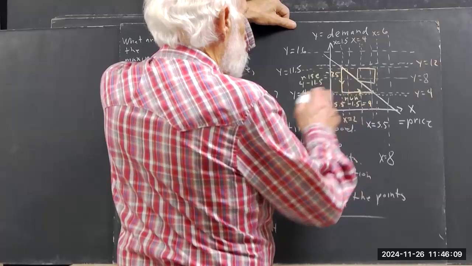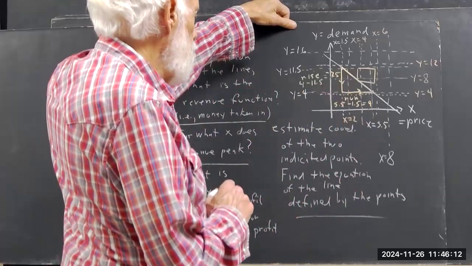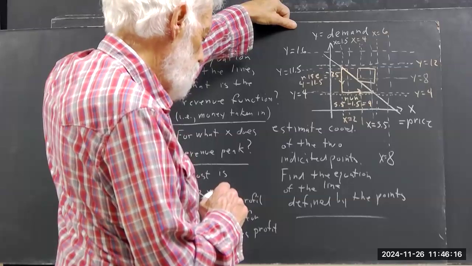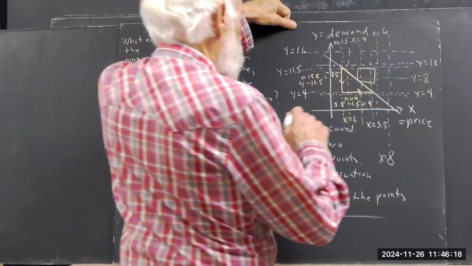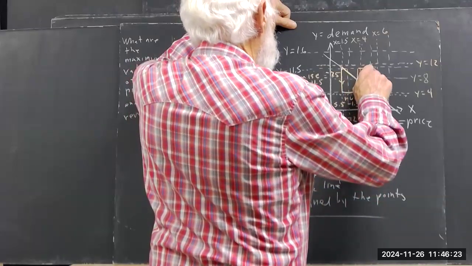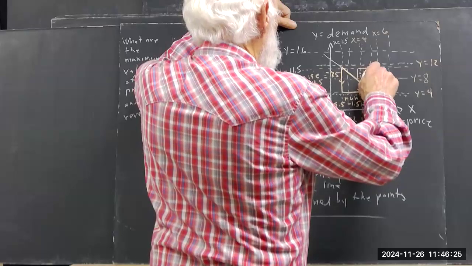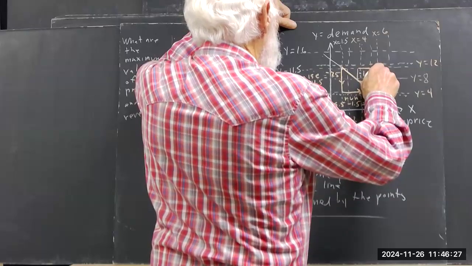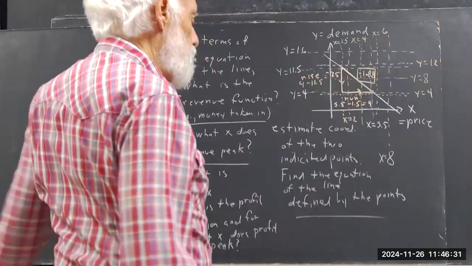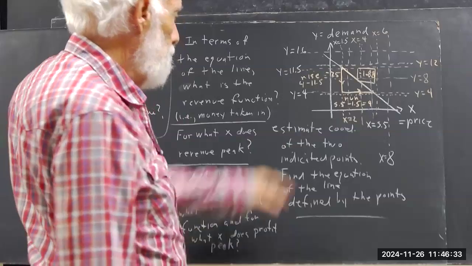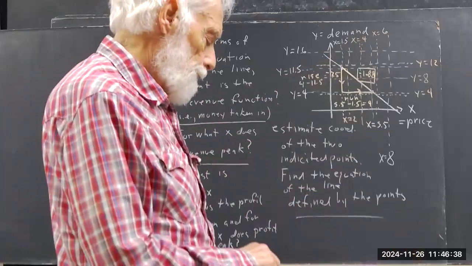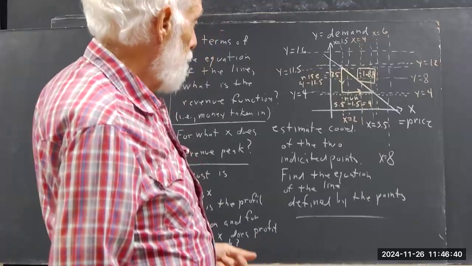Well, negative 7.5 over 4 is negative 1.875. So I'm going to say it's about negative 1.88. I believe I did my arithmetic right there. If you get something different, double check it and let me know that I screwed up.